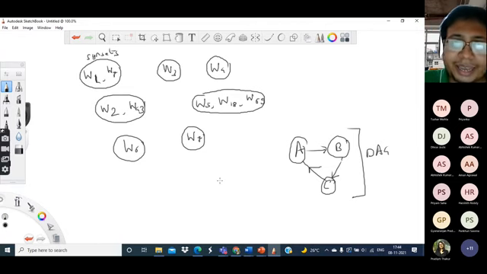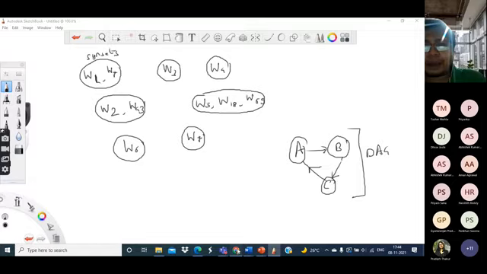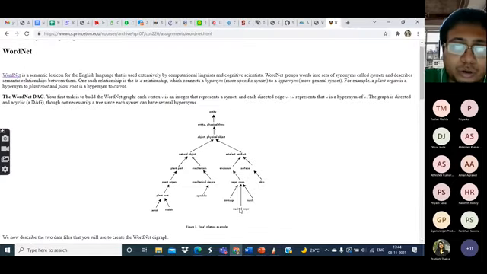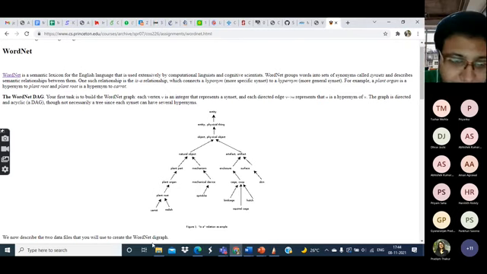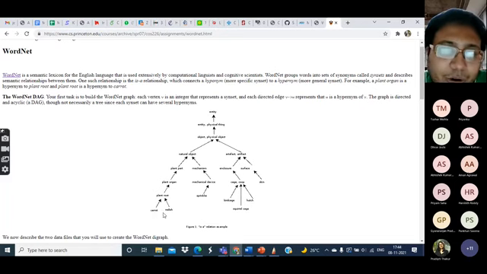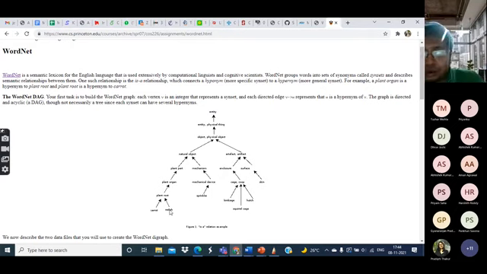And WordNet basically helps us to understand which pair of words have some kind of relationship. Now it often happens that two words do not have any direct relationship, but semantically they are close to each other. For example, if you consider carrot and radish. Neither is a subset of the other, nor is one the opposite of the other, nor are they synonyms, nothing like that.